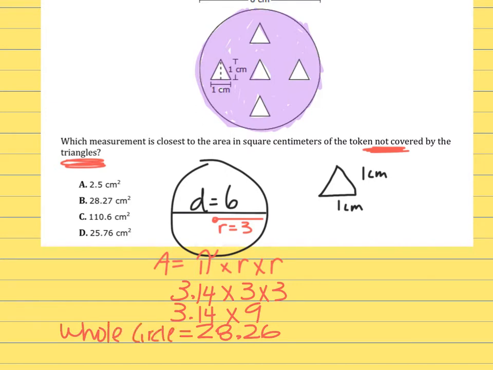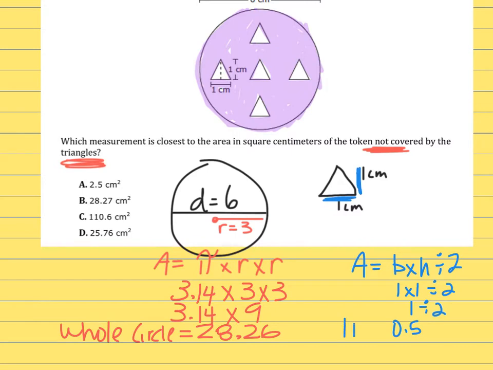But I don't want the whole circle. It says how much is left over that's not covered by the triangle. So now what I need to do is do my triangle. Area of a triangle is just base times height divided by 2. And the base and the height were both 1s. So 1 times 1 and divided by 2. 1 divided by 2 is 0.5.